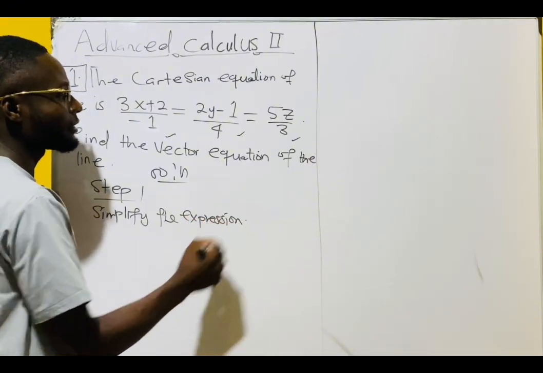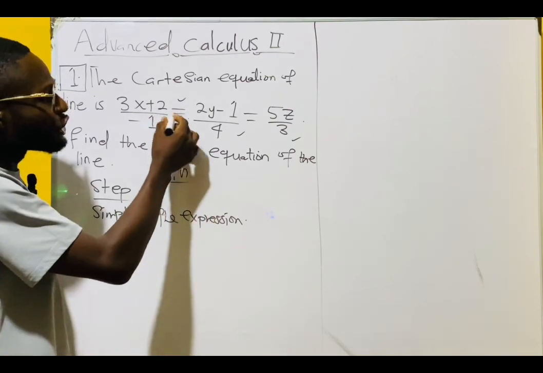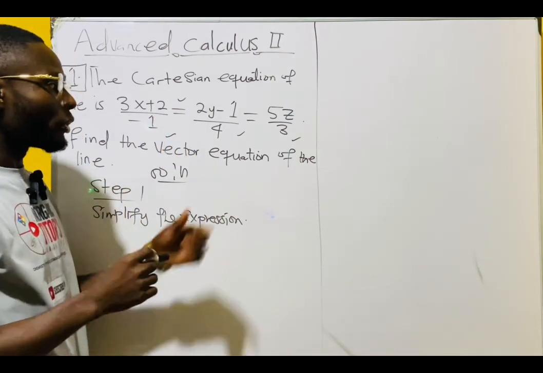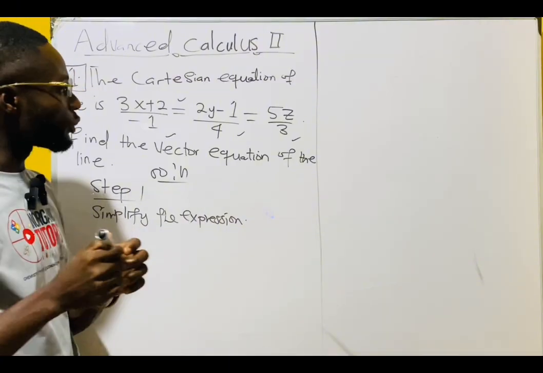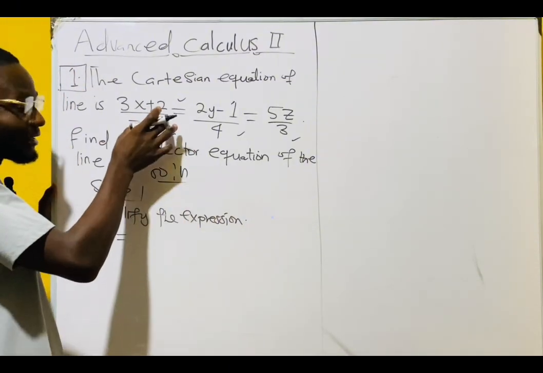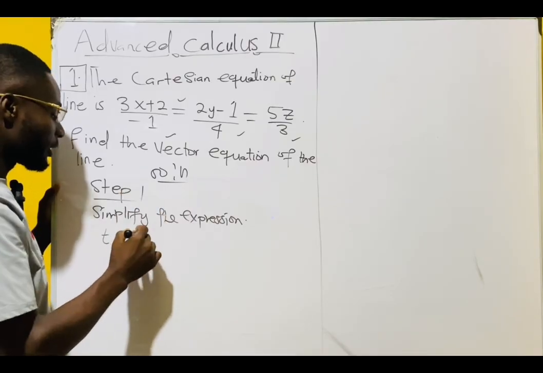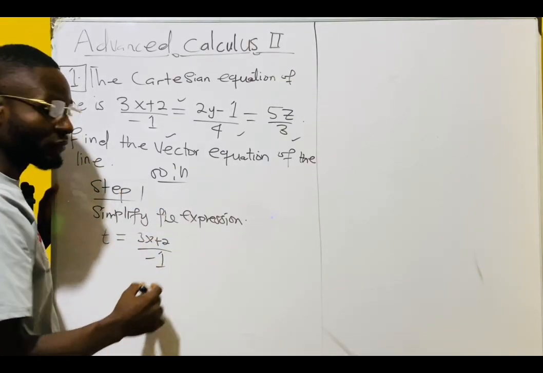In doing that, first step, make sure you let each of the components have a common ratio, right? So let's say that we are using t. So let's say t should be equal to what? The first component, which is 3x plus 2 all over -1.